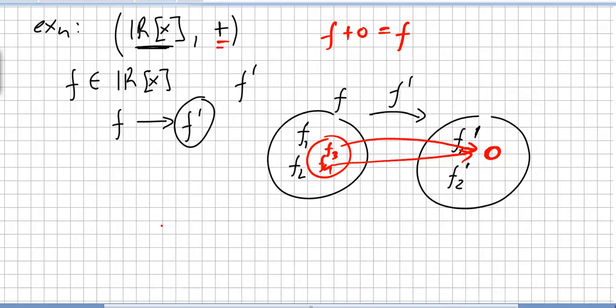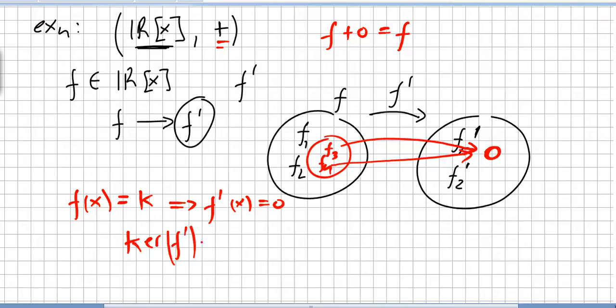The constants, right? Any function that is a constant, its derivative will be 0. So the kernel of the derivative is the set of all constant functions, right?